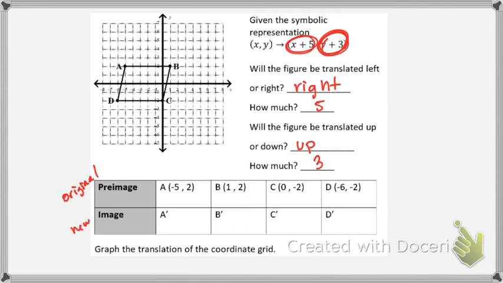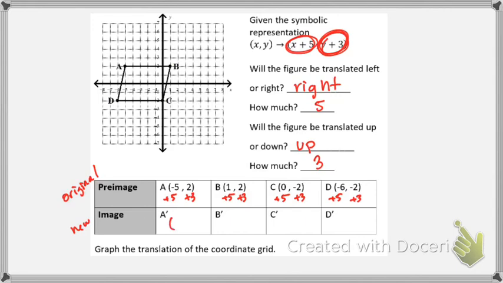And we already have A, B, C, D, which are already on the graph. I'm just going to add 5 to all the x's and add 3 to the y's because that's what it says to do. Okay, so that's how I'm going to get my new points.